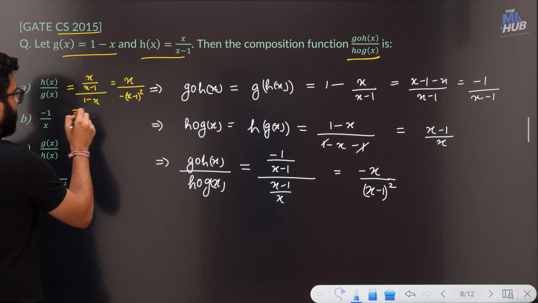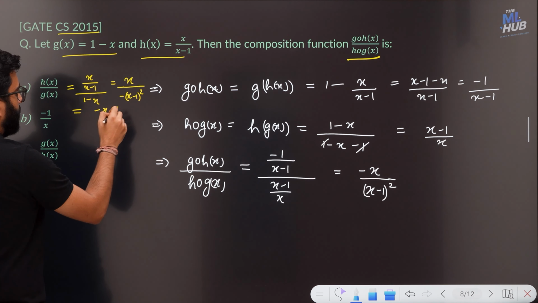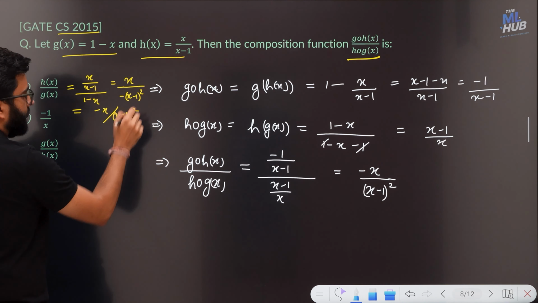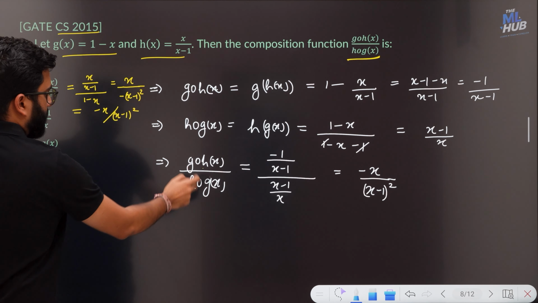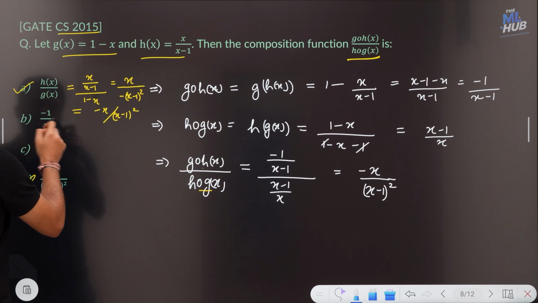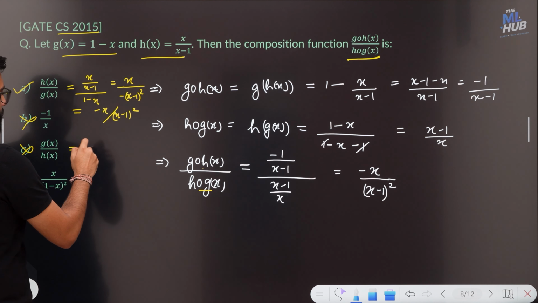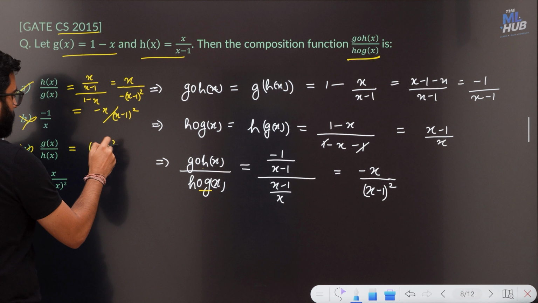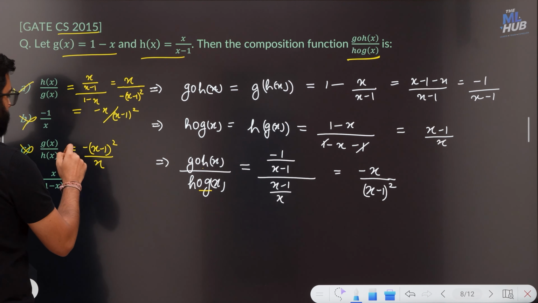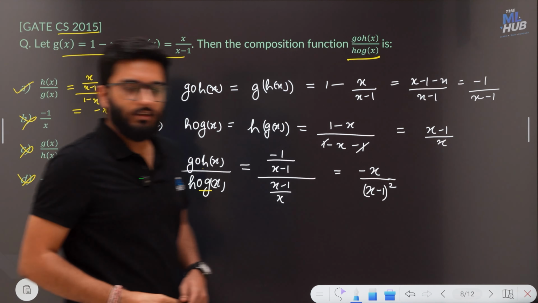So it is equal to minus x divided by (x minus 1) whole square, which is what g of h divided by h of g is. So A is the right answer. B is incorrect and C is also incorrect. Why? Because C will be (x minus 1) whole square divided by x, which is not equal to this. Easy problem.